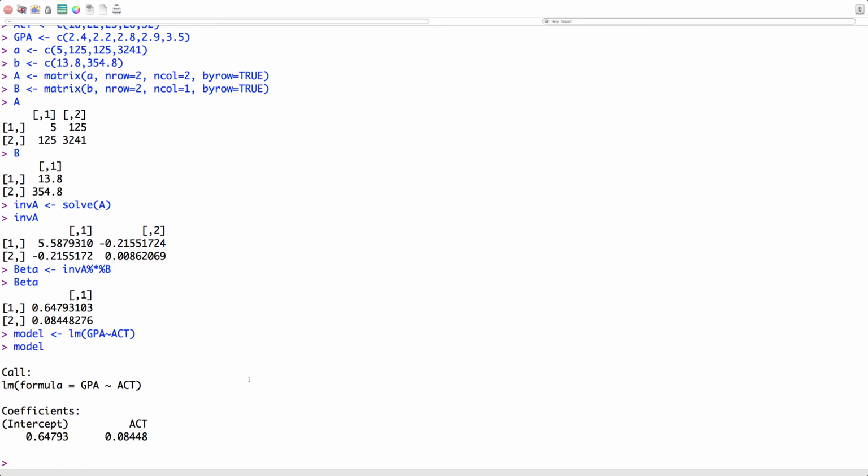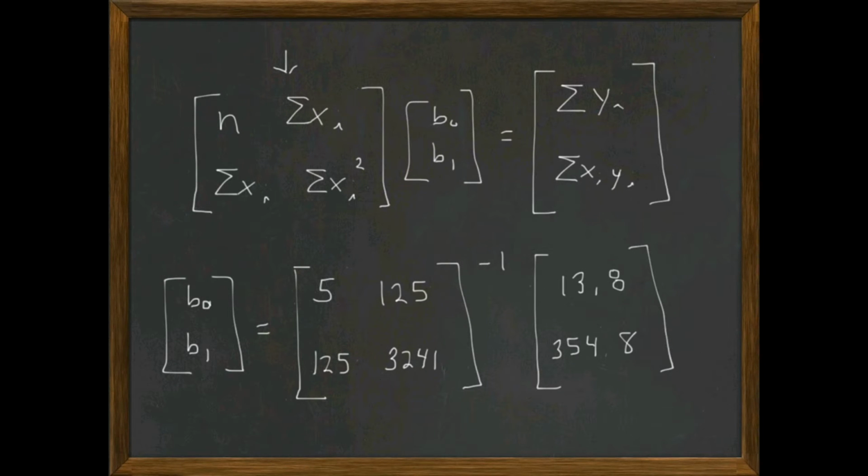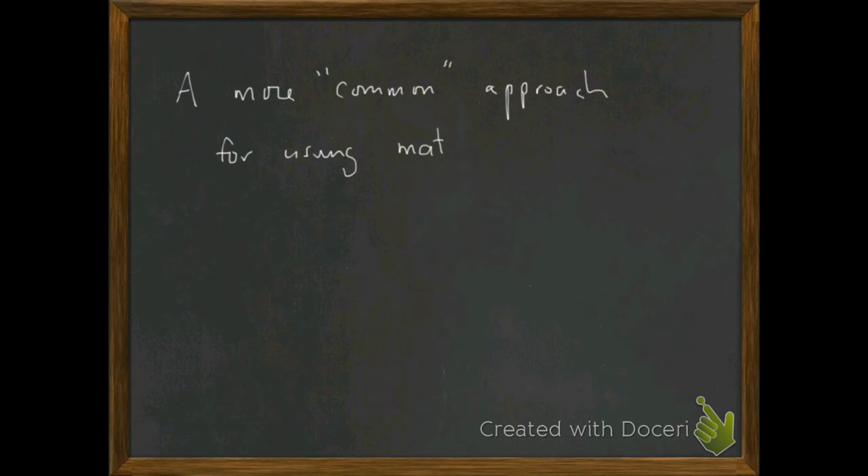All right, guys. Next thing I want to look at, bring the blackboard back up here. Seems to want to kick out on me. All right. Next thing I want to look at is the more straightforward approach for using matrices to calculate.